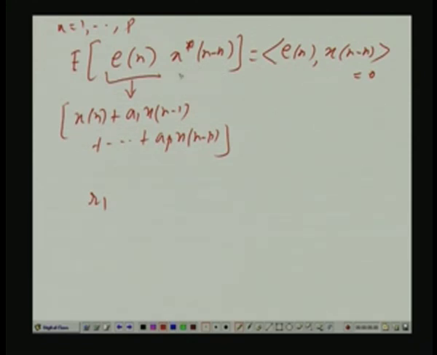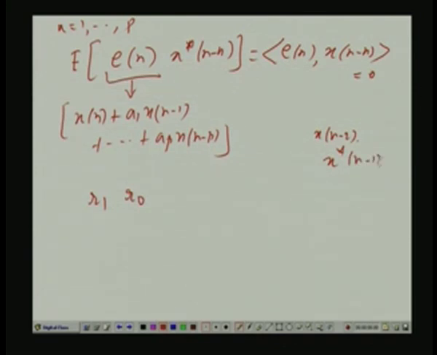If you take that correlation, it is clearly r 1. Second term is x[n-1], x star[n-1], that is r 0, and then x[n-2]. I am just writing the correlation terms side by side first. The next one is a 2 x[n-2]. So take x[n-2] into x star[n-1], because it is the k equal to 1 case. I can write it down, but just for your benefit I am working these out.